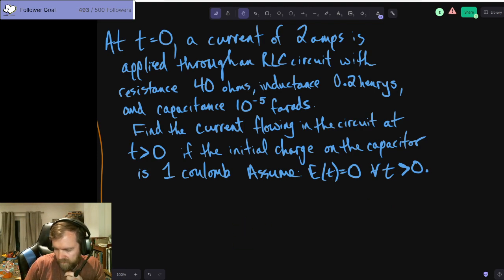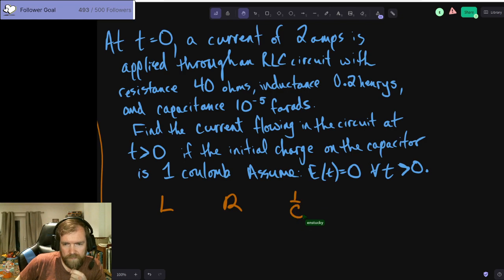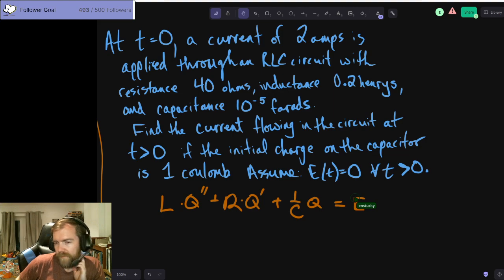So, before, R1 over C. So from the assumption our right hand side is 0.